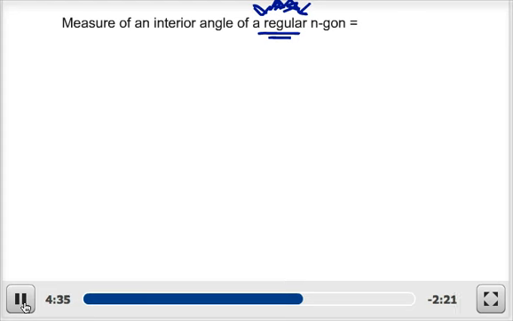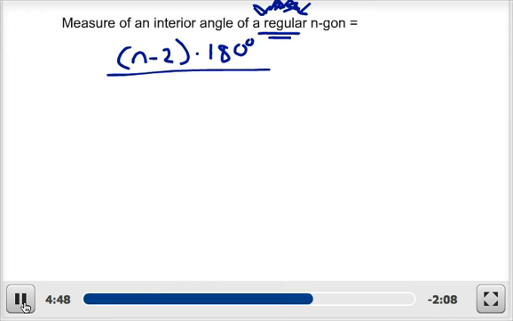So for a regular n-gon, if I want to find the measure of just one interior angle instead of the sum of all of them, I can take the equation for the sum of all of them, n minus 2 times 180 degrees, and I can divide it by the number of sides that there are. So n minus 2 times 180 degrees gives me a sum of all of them. And then if it's regular and all of them are the same, I just need to divide by the number that there are, n, to figure out how much one of them is.